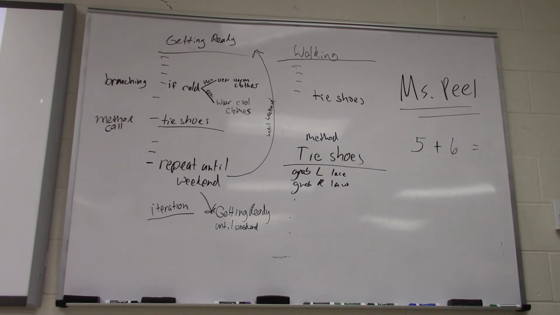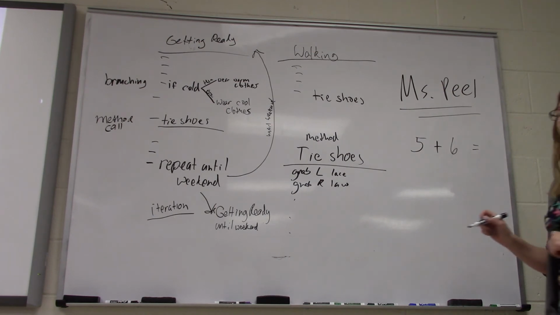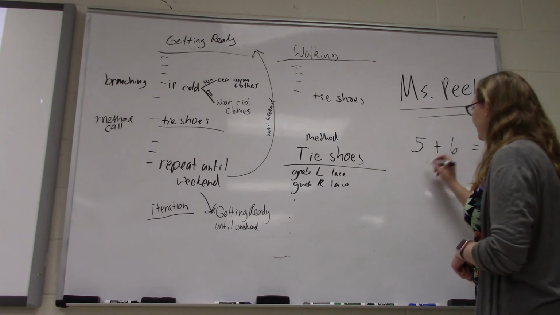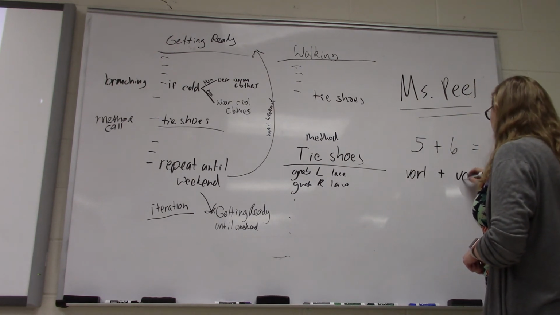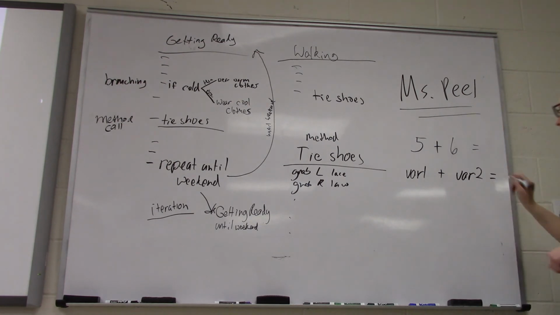But that is now only useful if I need to add only those 2 numbers, 5 and 6, right? So if I needed to add 10 and 11, I can't do that with this algorithm. But I can now rewrite this algorithm with variables, and then I can use it for any 2 numbers. So I can say instead of 5 plus 6, I'm going to say variable 1 plus variable 2 equals.